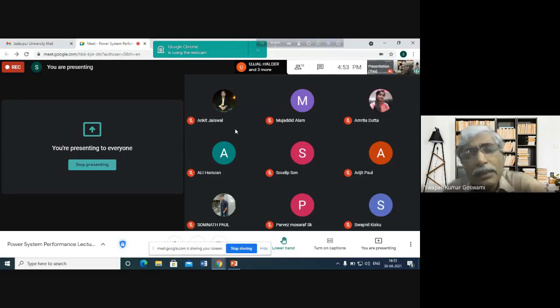And bundle conductors are different from stranded conductors. Actually, in case of bundle conductor, each conductor will again be a stranded conductor. So in case of bundle conductor, that means the subconductors, each phase will have more than one conductor.